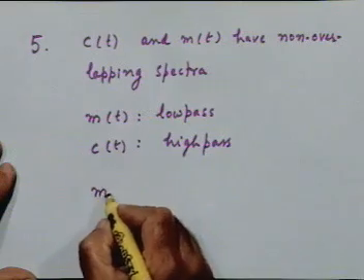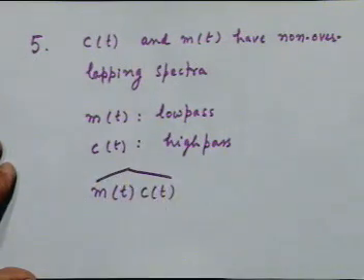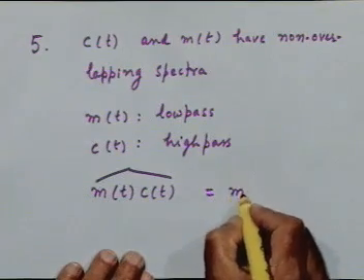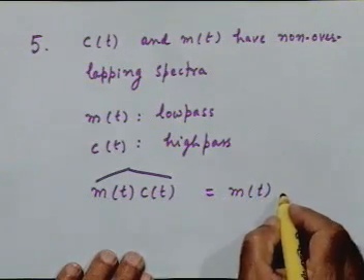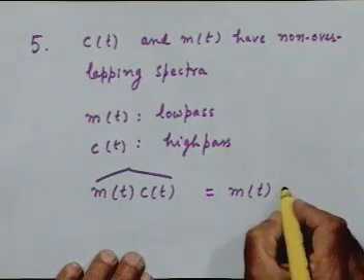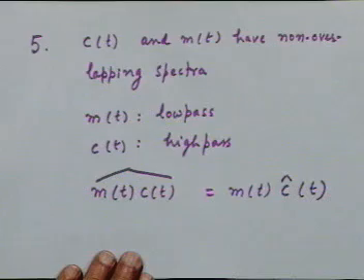Then if you consider the Hilbert transform of the product of these two signals, the Hilbert transform of m(t) into c(t), it will turn out to be nothing but m(t), the same low pass signal, multiplied by the Hilbert transform of c(t). Okay?